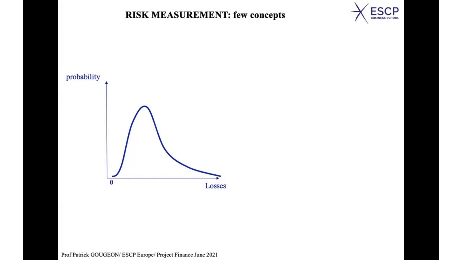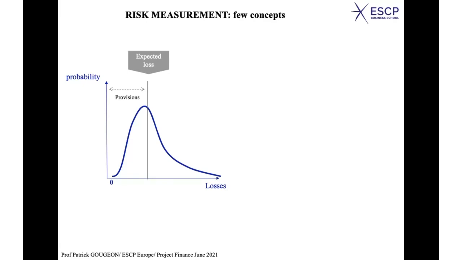So the value at risk, some of you are probably familiar with it. You have the expected loss. I don't want to comment too much on it because the expected loss for a project doesn't make much sense, because the expected loss is meaningful if you have a large number of cases. If you have a portfolio of risk, typically we can take the example of a bank with a lot of clients, with a lot of credits in its portfolio, then there is a loss distribution, and the expected loss makes sense because it's an estimate of the average loss that you might incur due to the fact that some clients will not repay their loan, for instance.